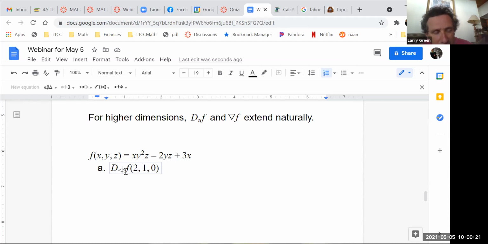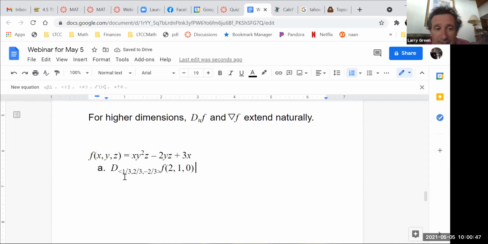How about a third, 2/3, and does this work? 2/3. How about -2/3? Yeah, actually, it's nicer. Okay. Notice that's a unit vector. 1 + 4 + 4 is 9, 9/9, and you get 1.